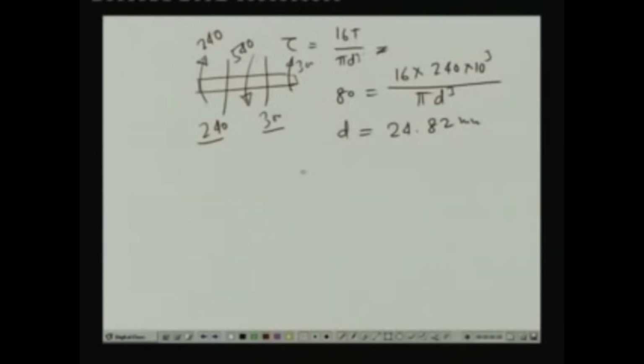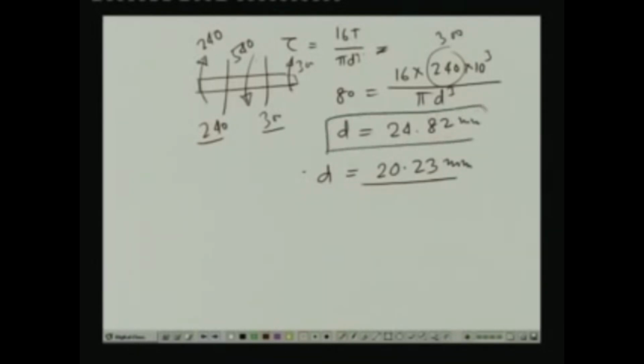From the second case, if we compute d from the same expression, we get the value of d as 20.23 millimeter. The only difference here is that the twisting moment is 300 Newton meter in place of 240. So, these are the 2 diameters we have, and the highest of these 2 diameters will be the governing diameter.